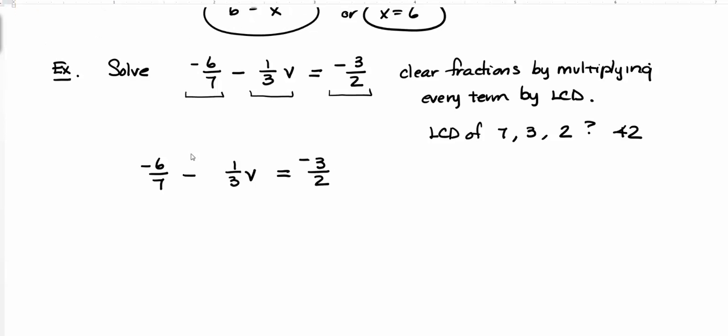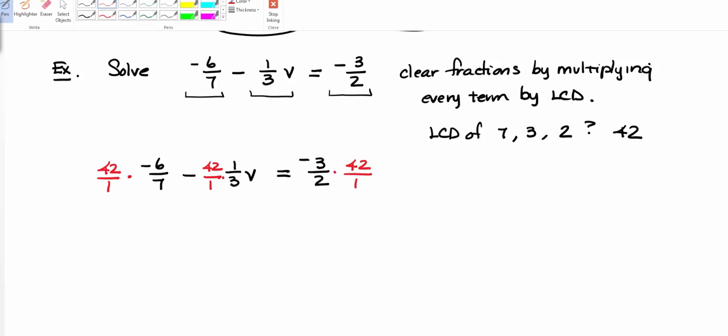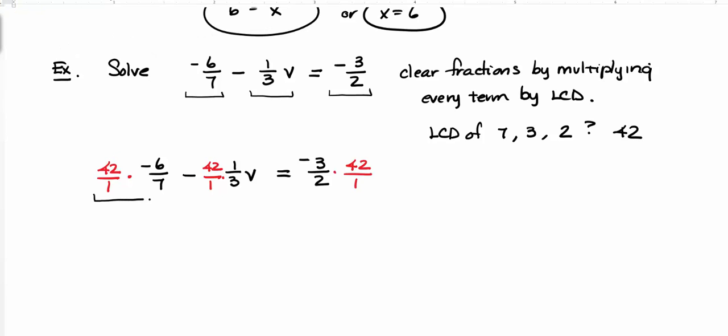And what I want to do is multiply each one of these by 42/1. And what that does is, because that's the least common denominator, they cancel out, and I don't have to work with fractions anymore.